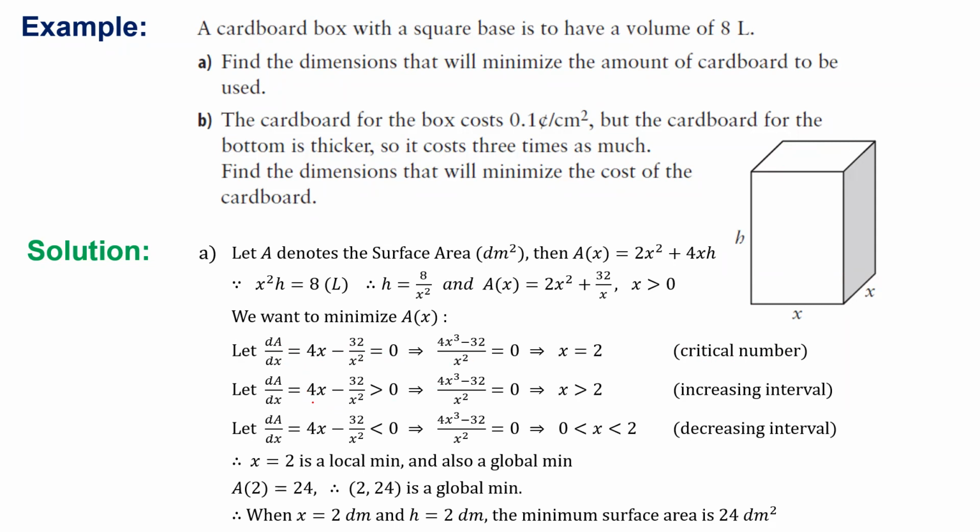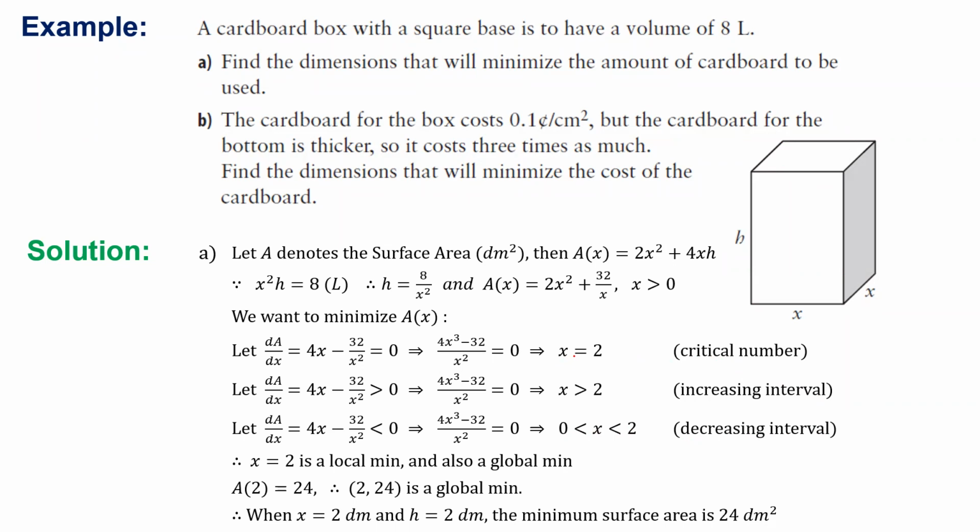Then we let the first derivative be greater than 0 and find the interval is x greater than 2. Because the first derivative is greater than 0, this is an increasing interval. Then we let the first derivative be less than 0, and find x is between 0 and 2. This is a decreasing interval.